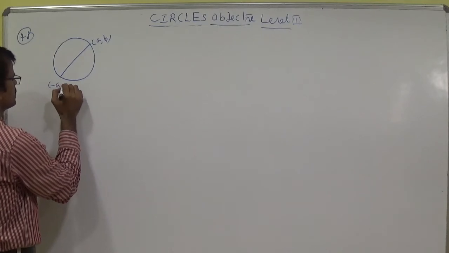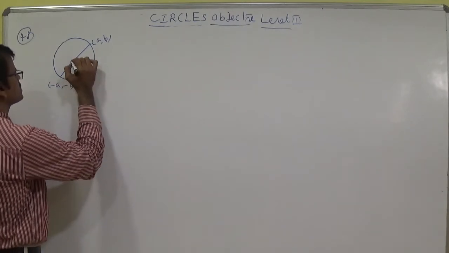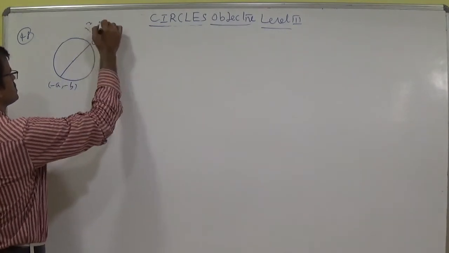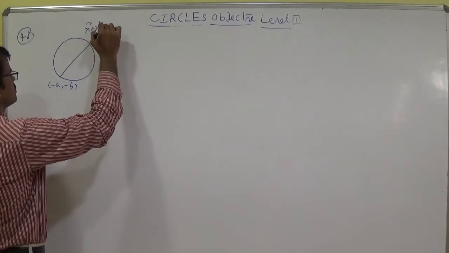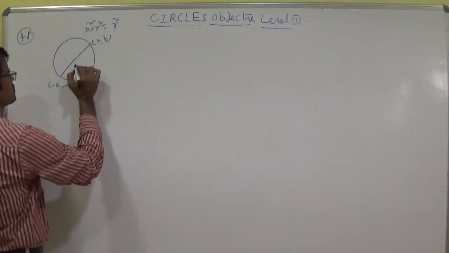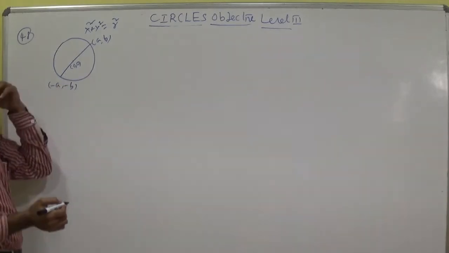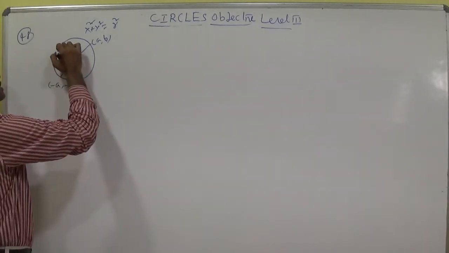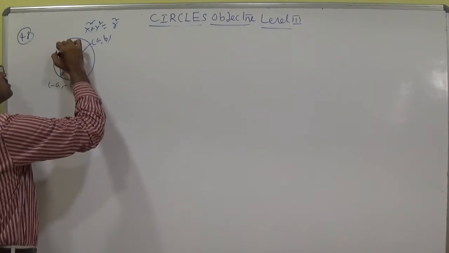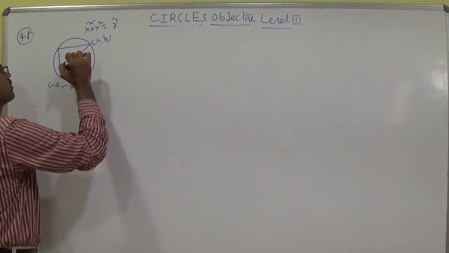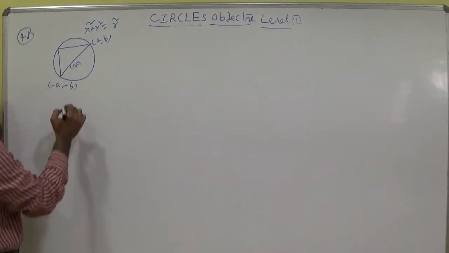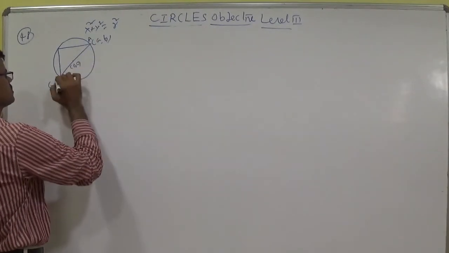This is minus a comma minus b, because the circle x square plus y square equals r square has its center at 0 comma 0. I have taken the diameter such that the angle in a semicircle is 90 degrees, and the center is 0 comma 0, where the diameter is the longest chord passing through the center.